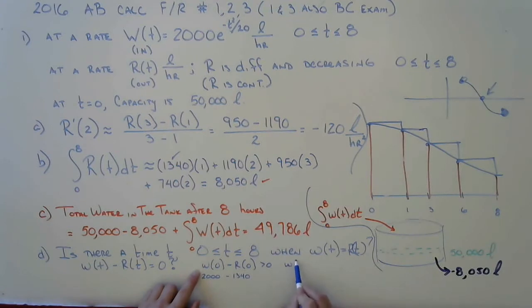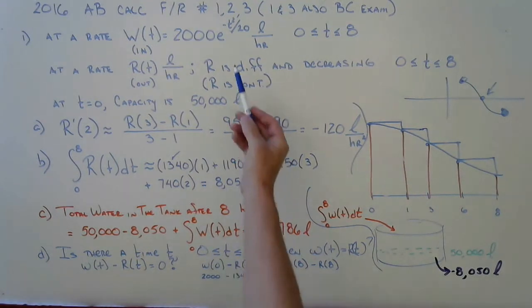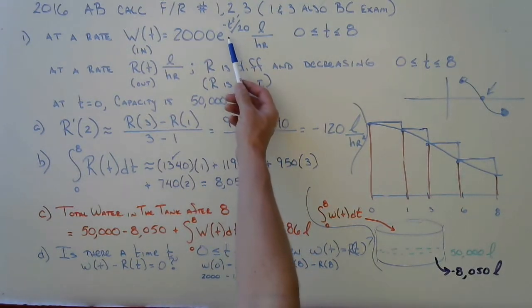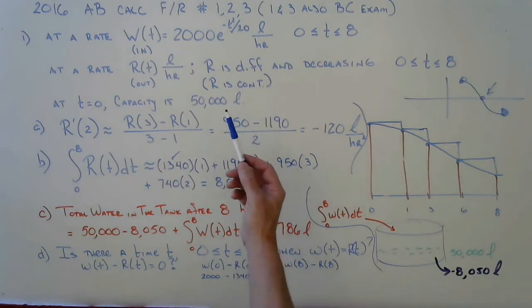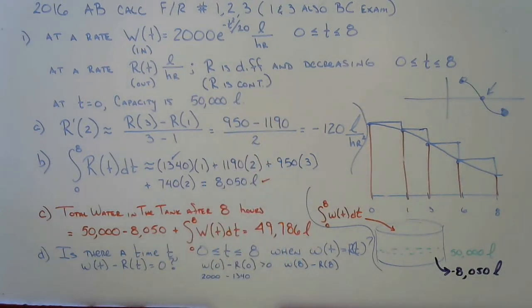What's going on at time 8? We can find out what's happening at time 8. How are we going to find out? Well, we're going to plug 8 into here with our calculator, and we're going to get a number. And we know R of 8 is 700.